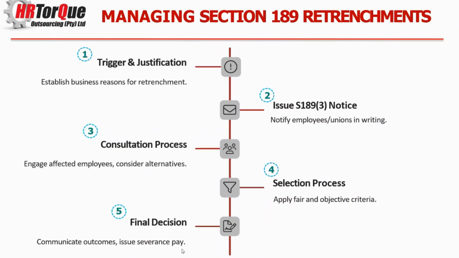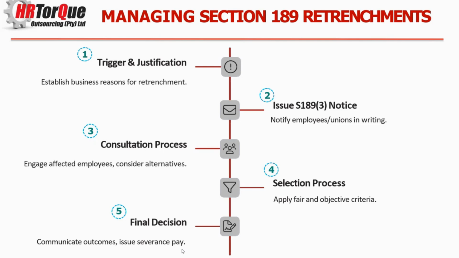This notice must include detailed information such as the reasons for the proposed dismissals, the number of employees likely to be affected, and the proposed selection criteria. The third step is to engage in meaningful consultation, during which the employer and the consulting parties must attempt to reach consensus on measures to avoid or minimize dismissals.